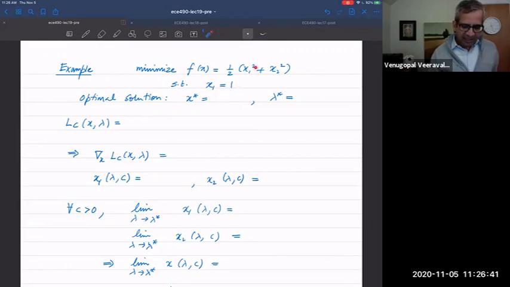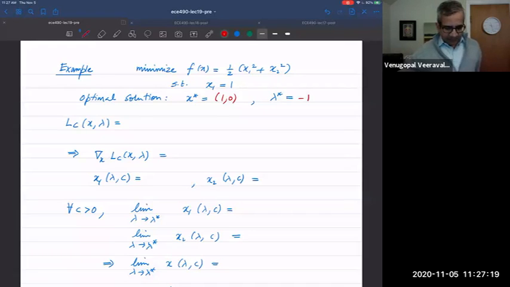You can easily see that the minimum happens at x star equal to 1 and 0 for the second term, and lambda star has to be -1. That comes from taking the gradient of the Lagrangian and setting it equal to 0. This is very easy to solve, you can do it at home to confirm. So (1, 0) is the optimum x star, and -1 is lambda star.